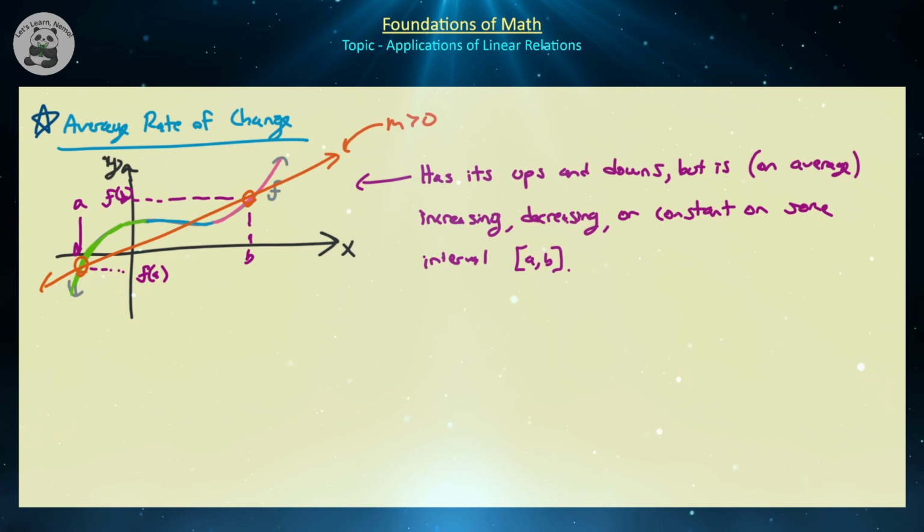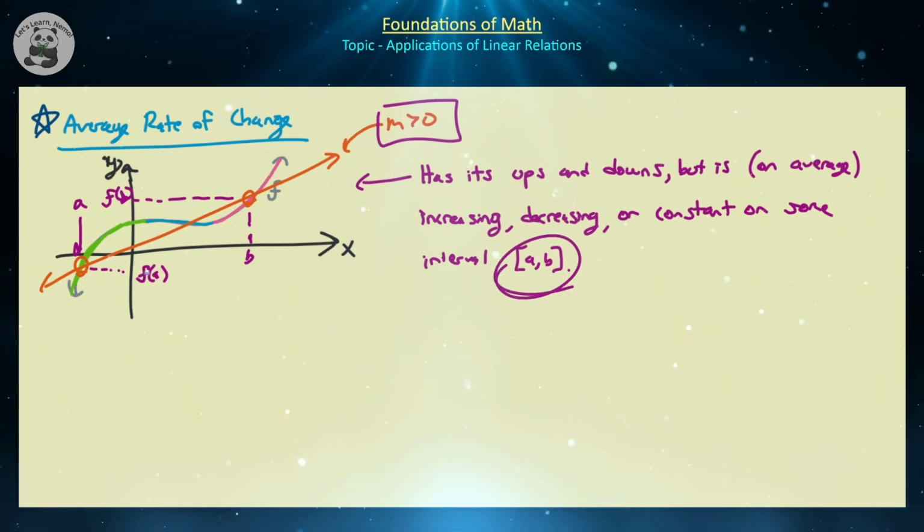So I should be able to find the slope of the line that passes through those 2 points. And then, of course, we would be able to tell whether it's positive, negative, or 0. And that will tell us, on average, that the function is increasing, decreasing, or constant on that interval a, b which we have chosen.